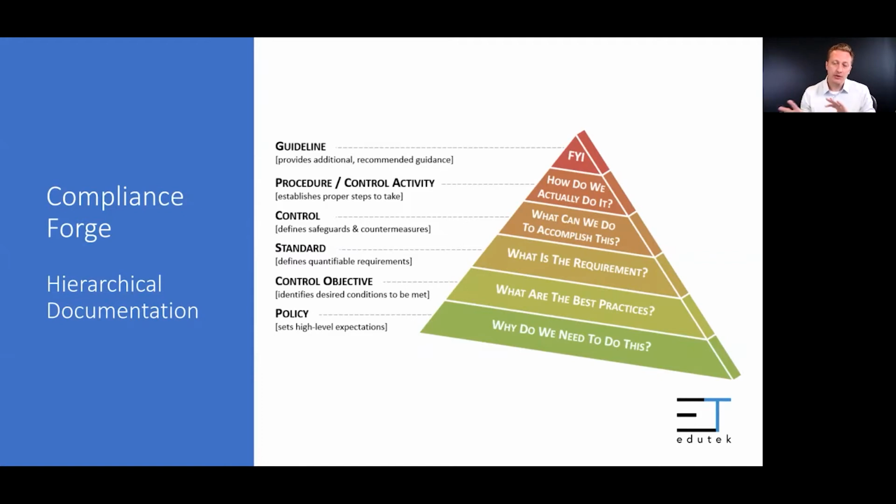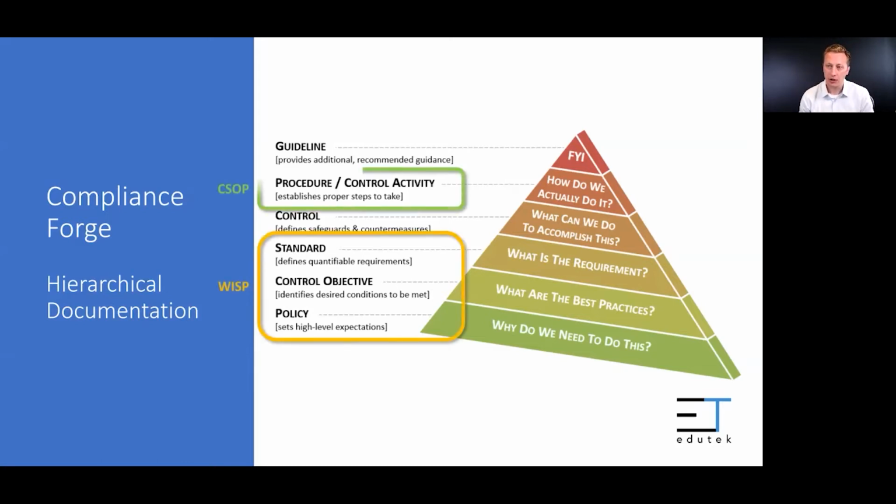But as we look at these two documents, this WISP document and this CSOP document, I just want to show you where they fall into this hierarchy. The WISP document is really the higher level document and outlines, one, the policy, and two, really the standard that that policy is fulfilling or living up to. So when we think about the NIST cybersecurity framework, that's the standards for the most part. There are other standards that apply. You think of HIPAA regulations and things like that.